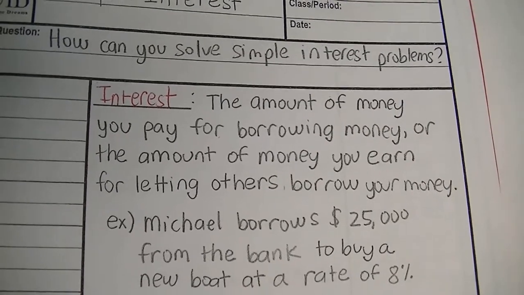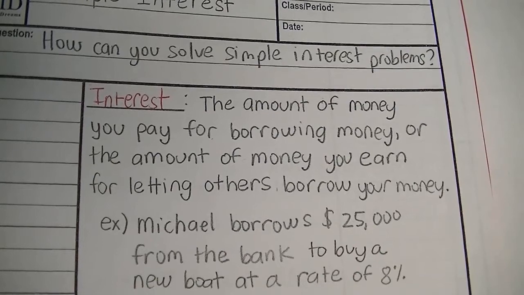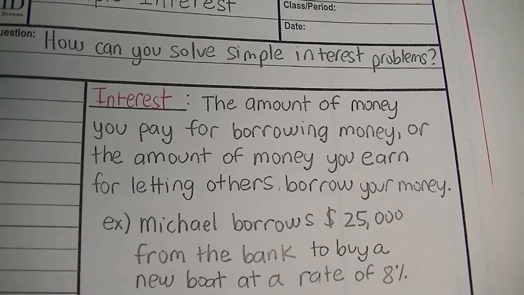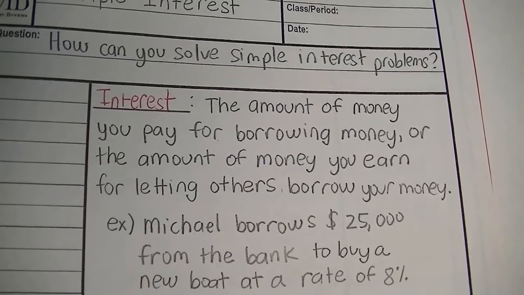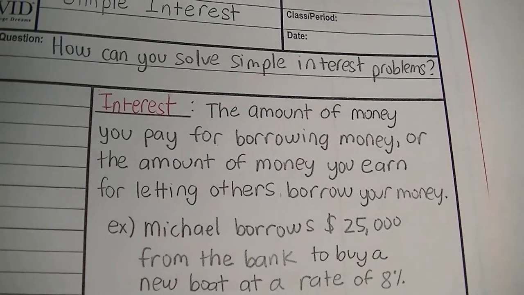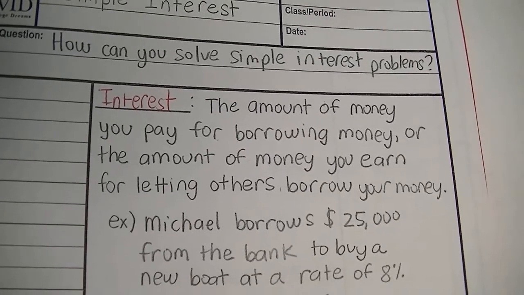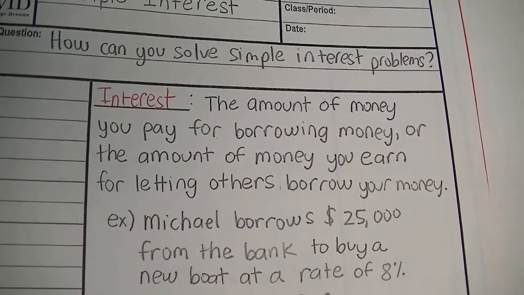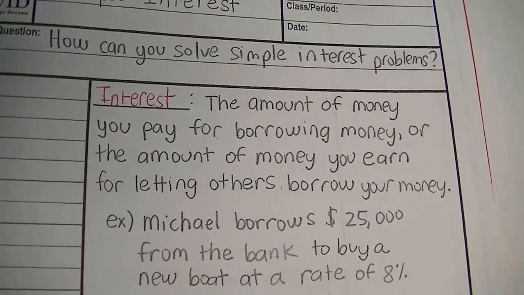And it's usually just a tiny amount. Another way to look at interest is, let's say you want to buy a car, and the car that you want to purchase is a lot of money that you don't necessarily have the full amount of. So for example, let's say the car costs $15,000, and you don't exactly have $15,000 in your back pocket. So you would go to the bank and ask them for a loan.